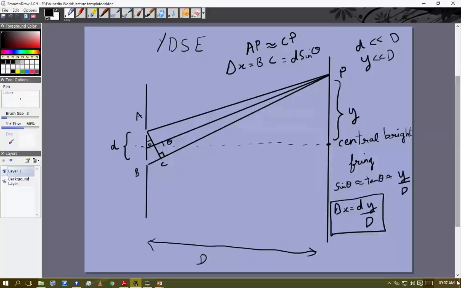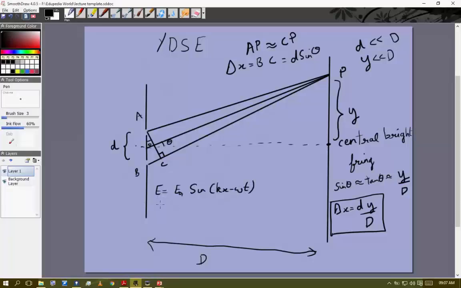Now let's take a recap for a second and see what actually happens when we have interference. Let's say the first beam has an electric field equal to E01 sine(kx minus omega t).